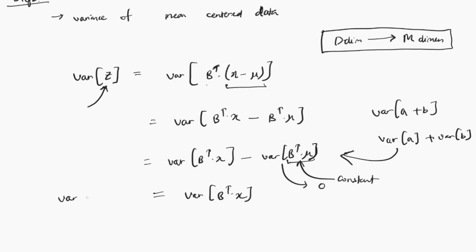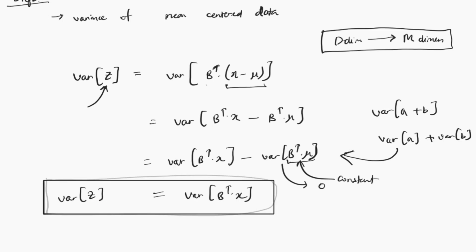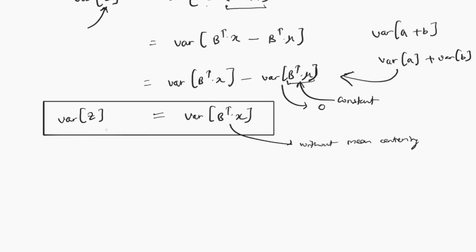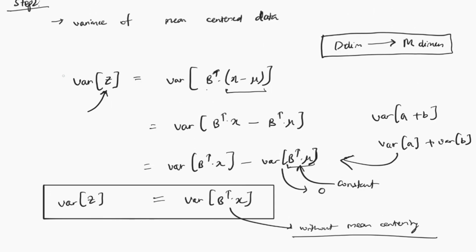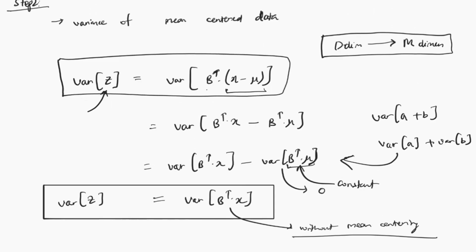So what it means is that the variance of the data on the new projected dimension is always going to be the same as the variance of data without mean centering. So what we proved here is that the variance of the data onto the new projected dimension is equal to the variance of data without mean centering. And also what we started with, the variance of the newly projected data with mean centering.